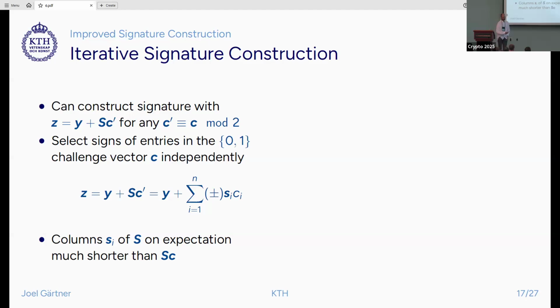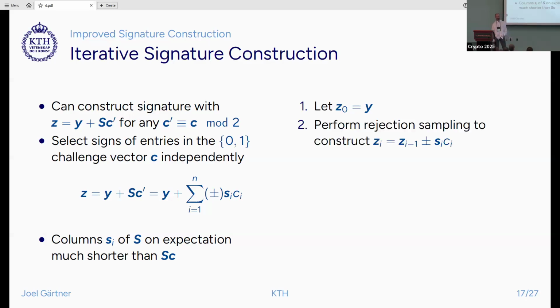The basic idea behind this iterative reaction sampling can be described by letting Z0 be equal to Y, so the input. We then iteratively construct Zi as Zi minus 1 plus or minus SiCi, with this sign being determined by our new reaction sampling method.